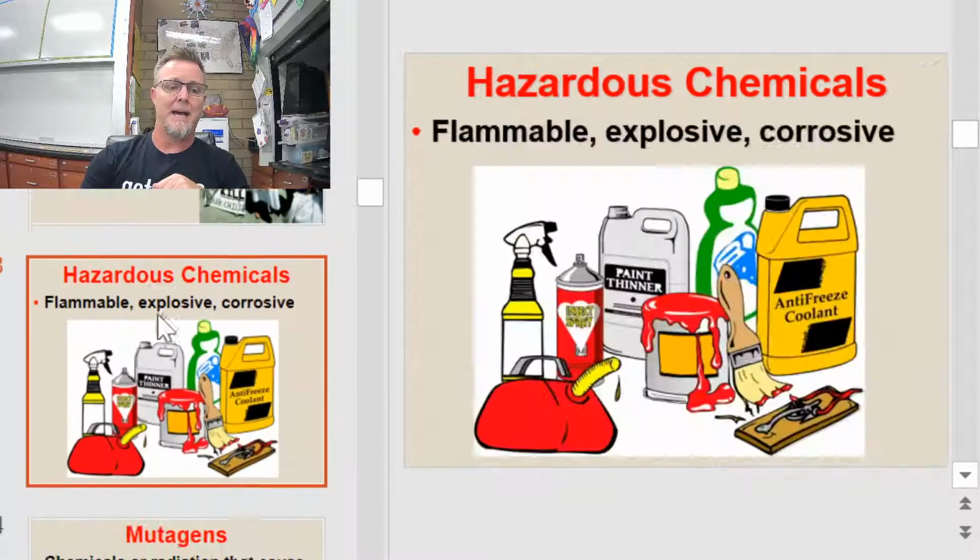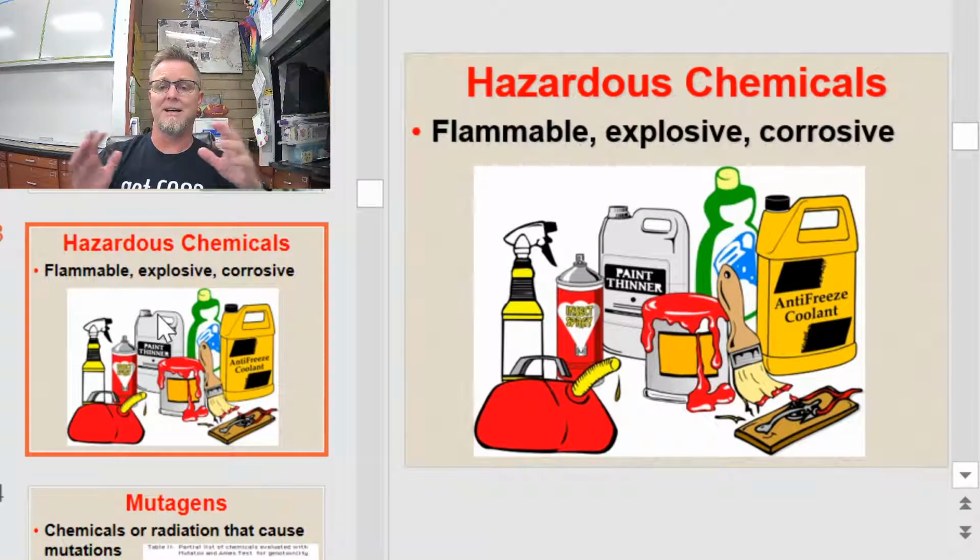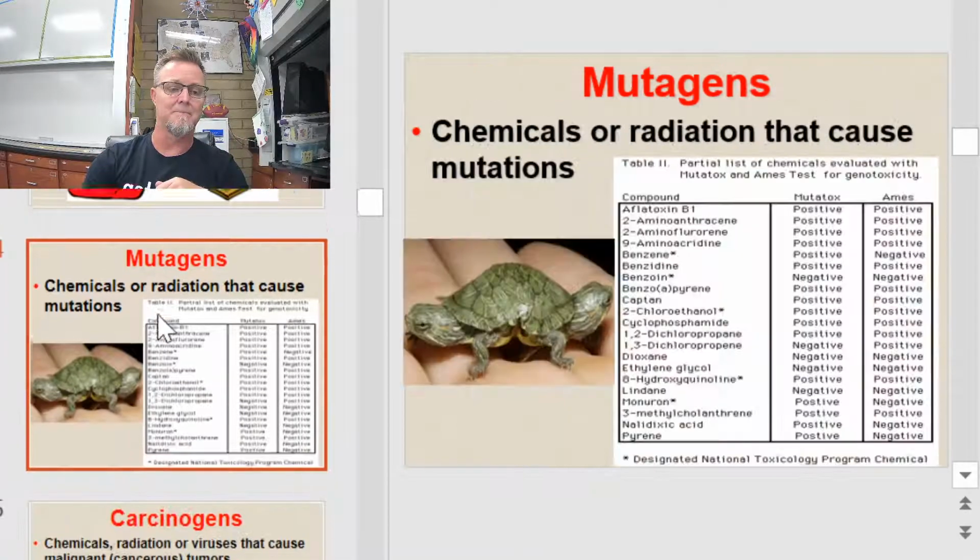Okay. Hazardous. Remember, these are not necessarily toxic, but they could be dangerous, explosive, corrosive. The list of a few examples are in this picture: antifreeze, paint, household cleaners, paint thinner, gasoline. Those are all hazardous chemicals, but not something that is considered toxic.